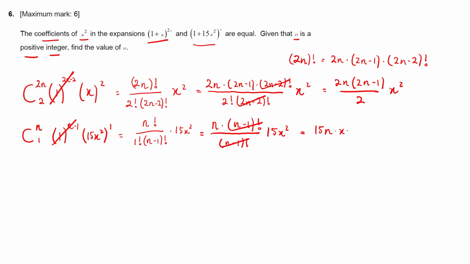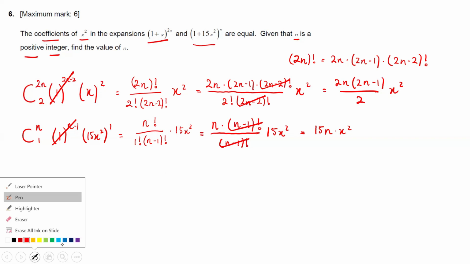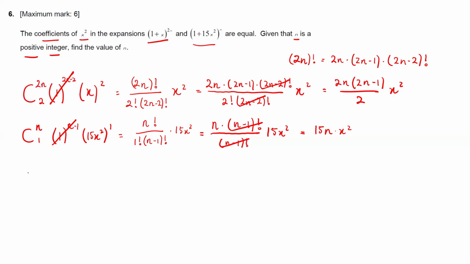15n times x squared. Let's just focus on the coefficient. They are the same. Let me use another color here. I'll multiply it directly. So we have 4n squared minus 2n divided by 2 equals to 15n, right? So what will we have? I will multiply the 2 with 15.